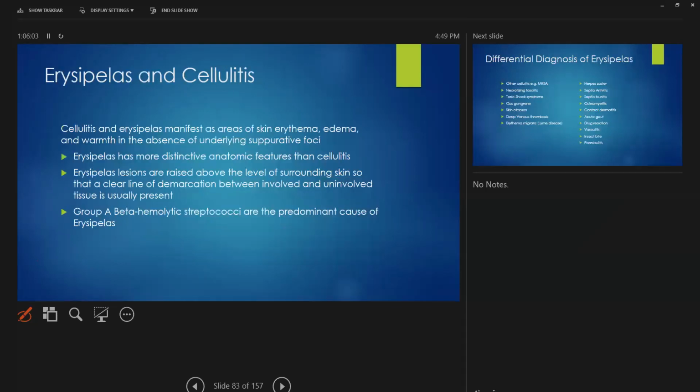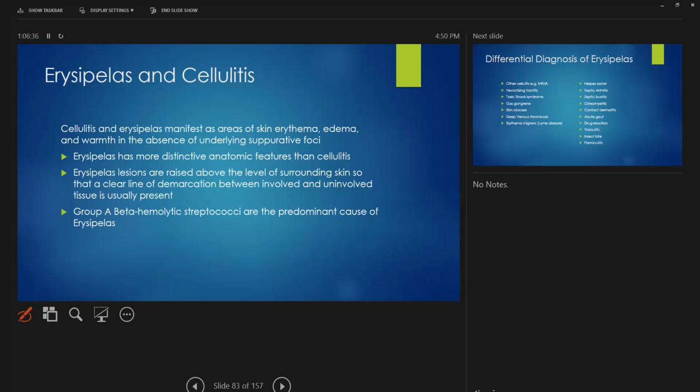So here's cellulitis, and then erysipelas and cellulitis are two separate terms that really just indicate the depth of the infection. Erysipelas is a much more aggressive infectious process, and it's a little bit more focal, meaning that the borders are really well defined, the tissue's more edematous, and so there's a clear demarcation of where it's at.